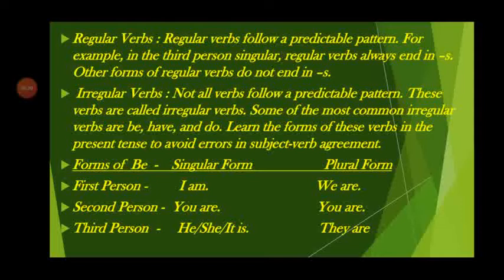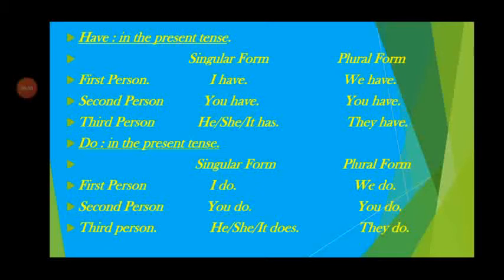The third person, he, she, it is, or he, she, it was. The plural form is they are, or they were, added with these subjects to form the subject-verb agreement.